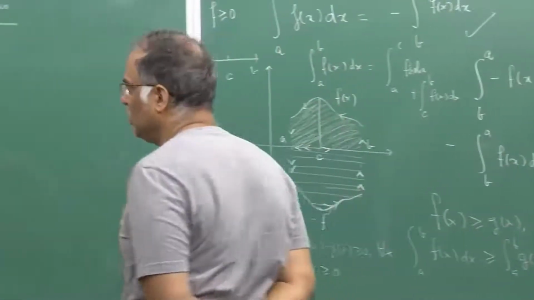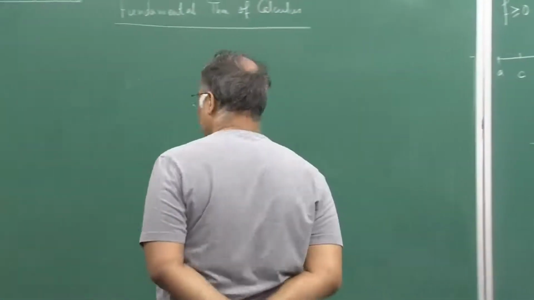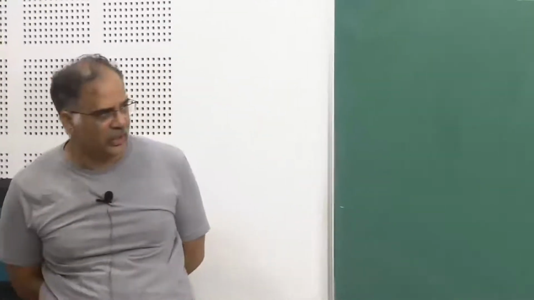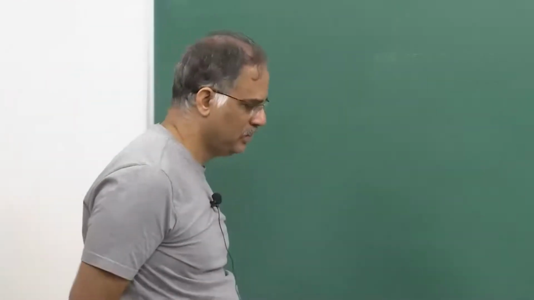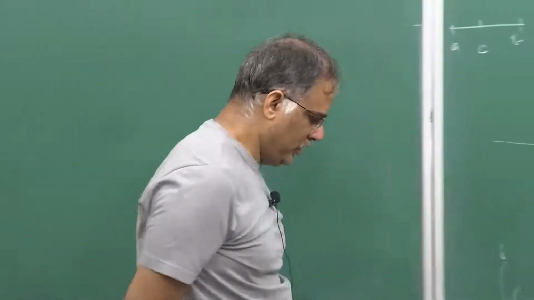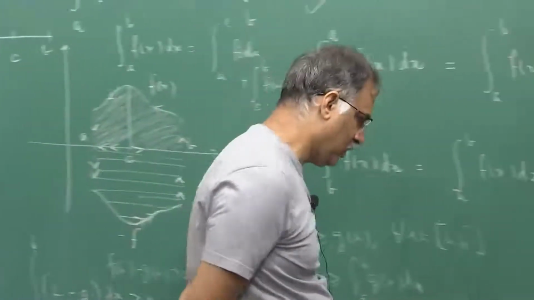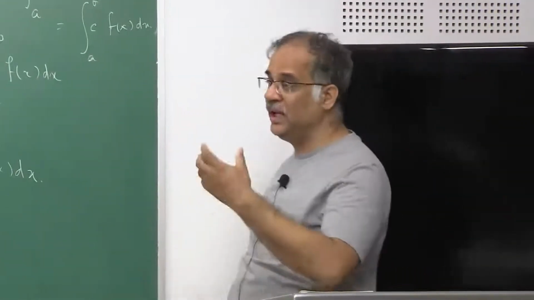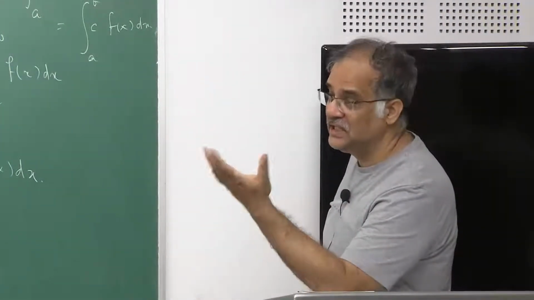A large credit goes to Newton and Leibniz for analytically establishing it and trying to prove the result, that is, trying to show the deep connection between the notion of area and the notion of tangency.